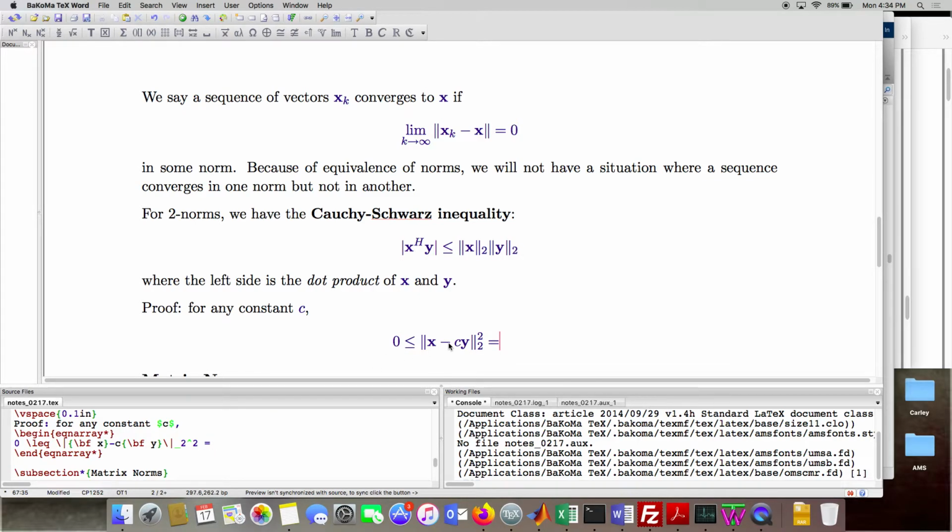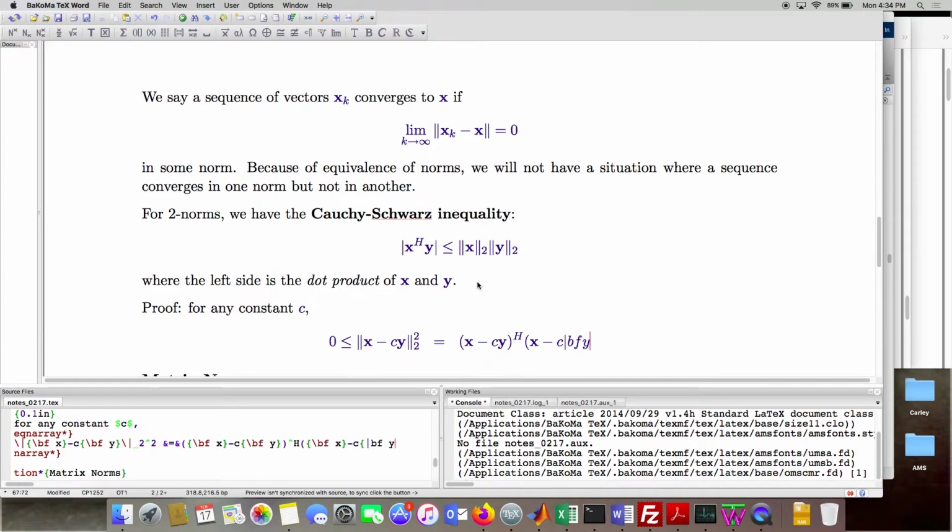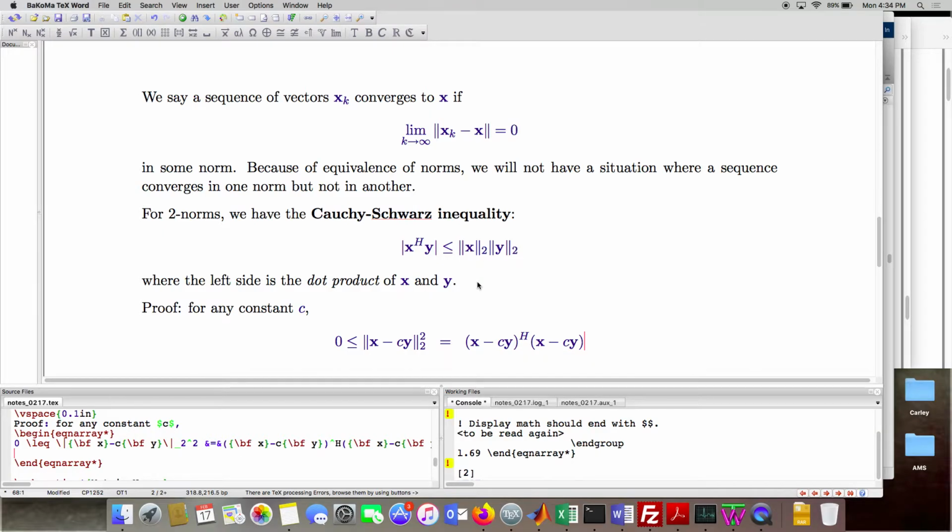Now, a way to describe the 2 norm of a vector squared is the dot product of that vector with itself.